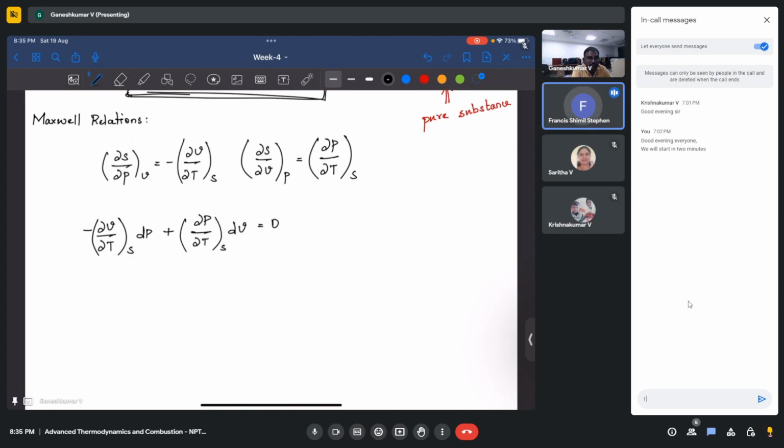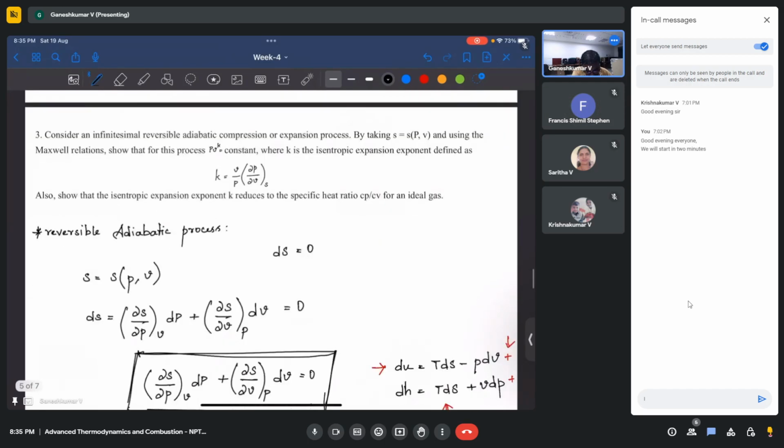So I have a doubt: is there an application for this? We are actually writing these partial differential forms, writing these equations. Do these equations have any physical applications, or is it just for the sake of derivation?